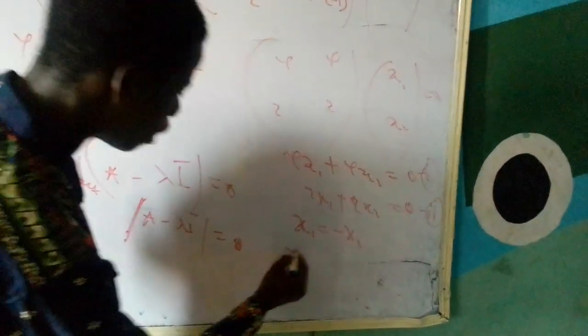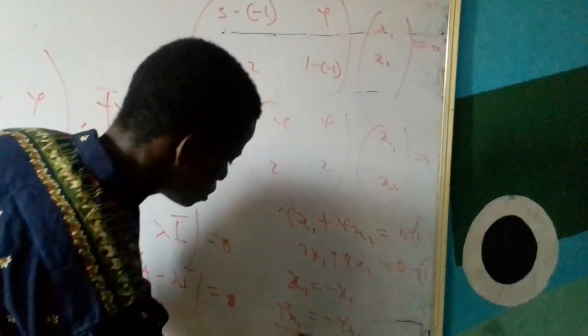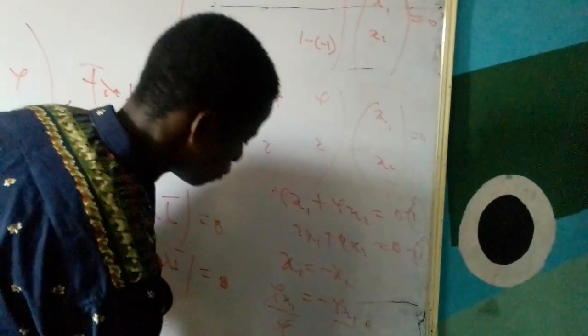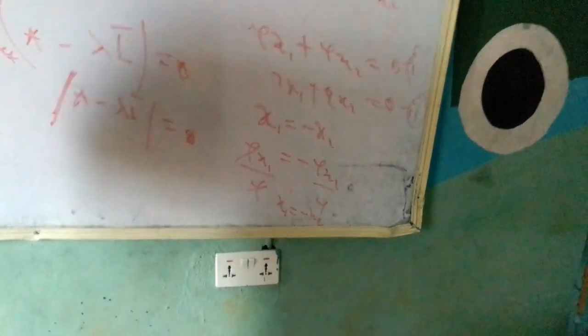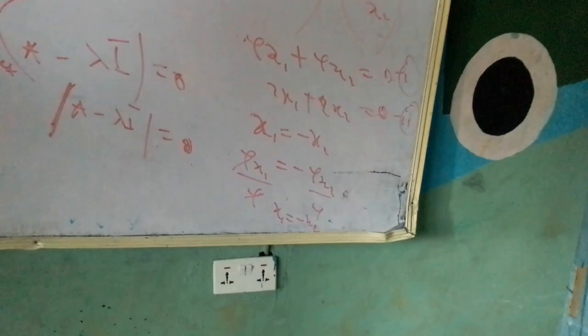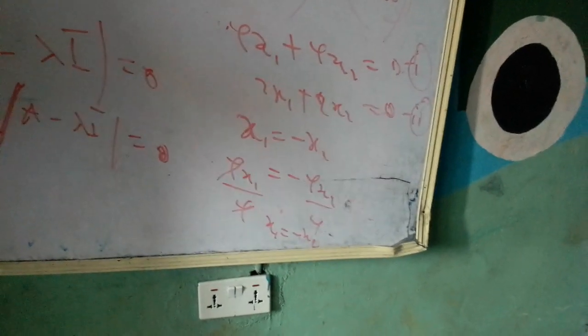Let's check from equation 1. We have 4x1 equals minus 4x2, because when I bring the positive 4x2 to this side, it becomes negative 4x2. Dividing both sides by 4, x1 equals minus x2. Now let's check that in equation 2.